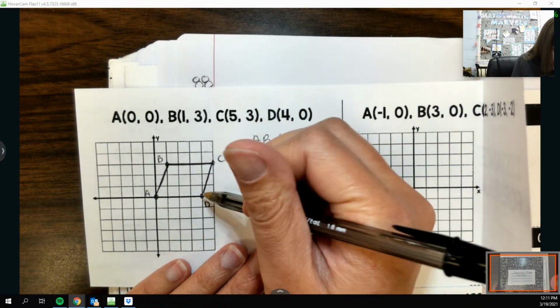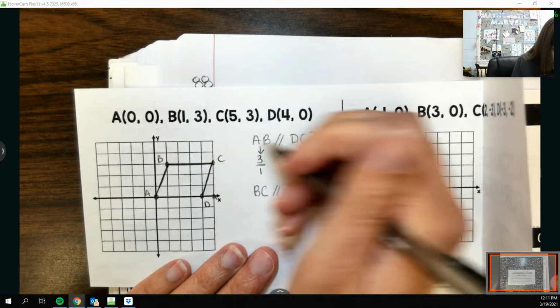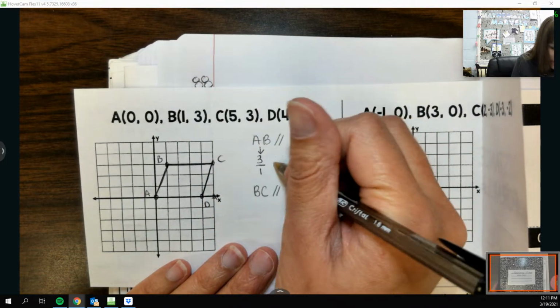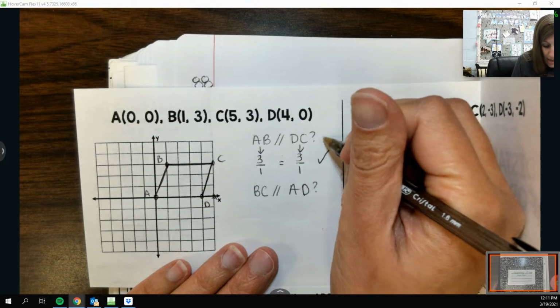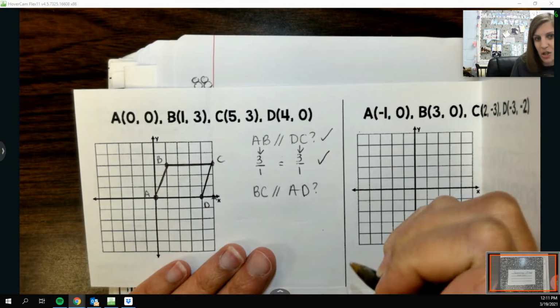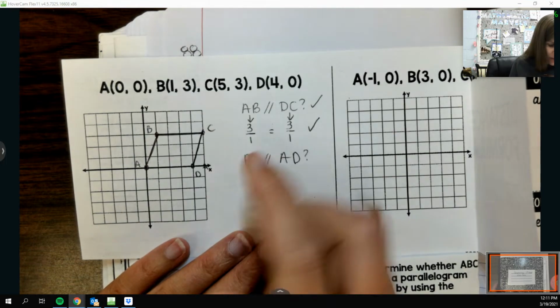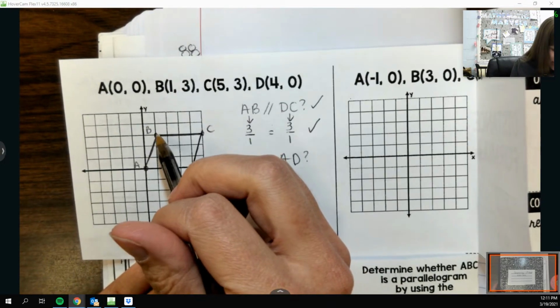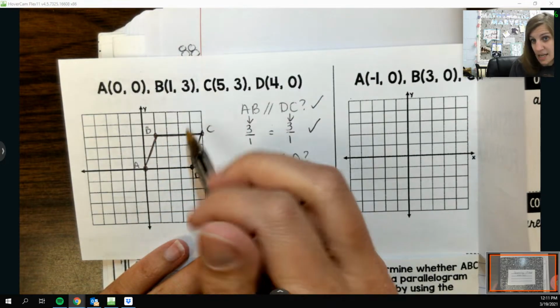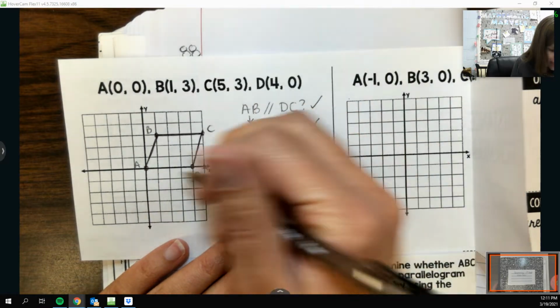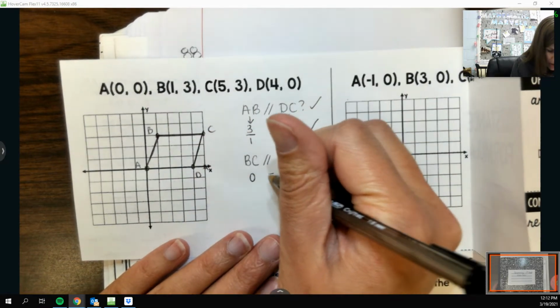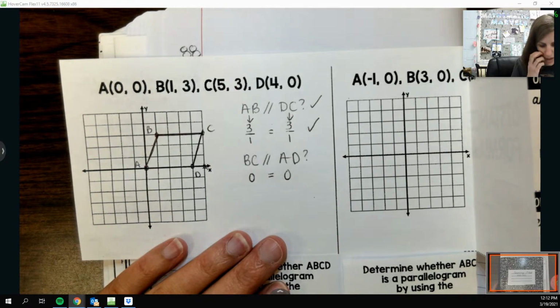And the slope of DC is up 3 over 1. Since they're equal, they are parallel. So that all checks out. Then I also want to check the slopes of BC and AD. The slope of a flat line is 0, and AD is also a flat line, so 0. Oops, sorry about that.